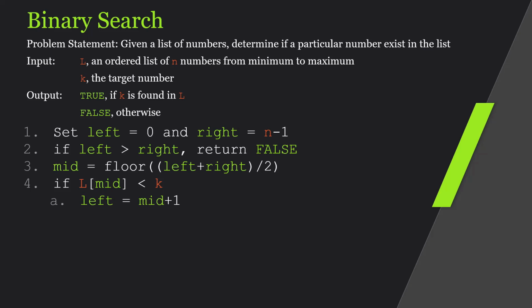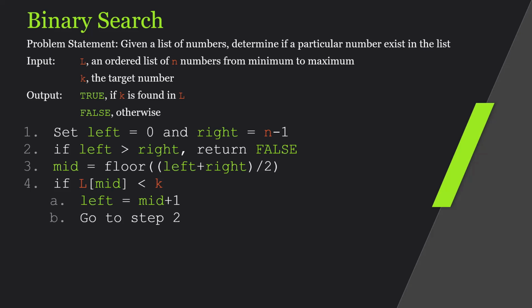So we're basically shrinking the array in half by moving left up to mid plus 1. Now we have a new window to search from mid plus 1 to right, which right now would be n minus 1.